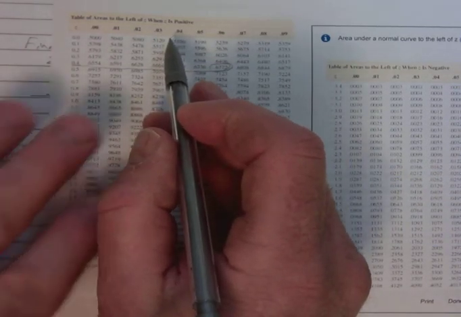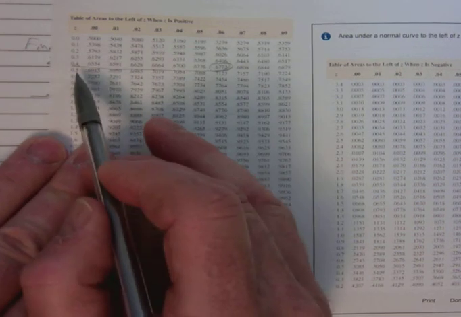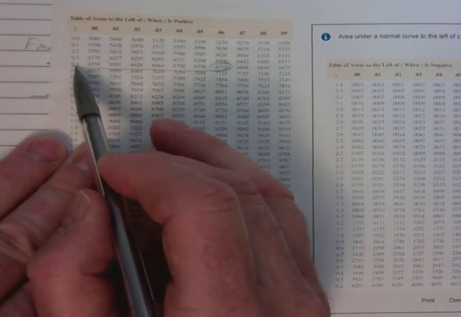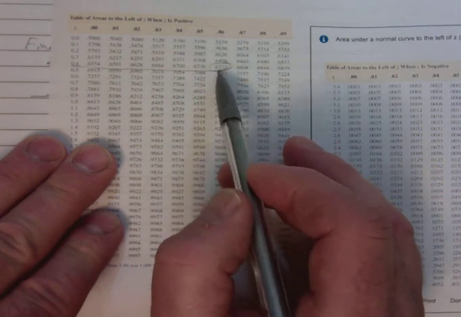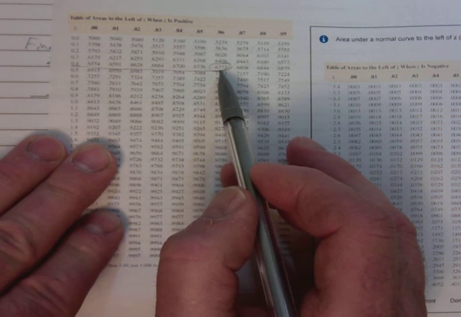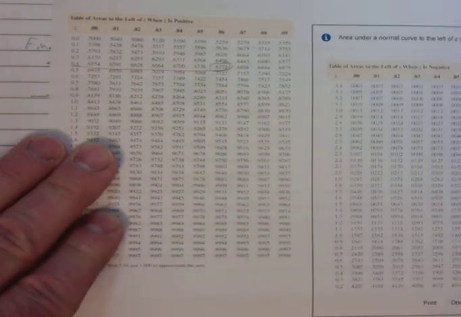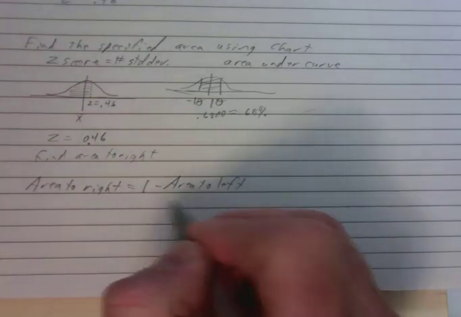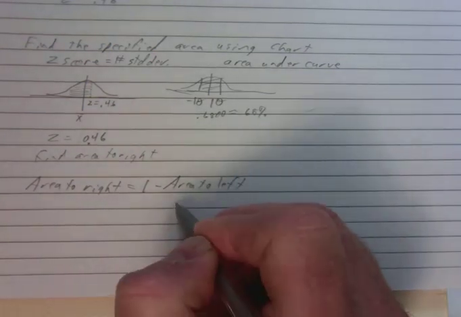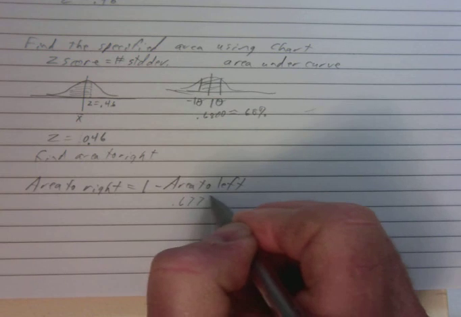And so what we have to do is we look at our table. We found our tenths place, our 0.4 here, that's going to be this row. And our 0.06 is in the column, so where those column and row intersect, we get a value of 0.6773. So that's the area under the curve. So for this one, the area to the left is 0.6773.